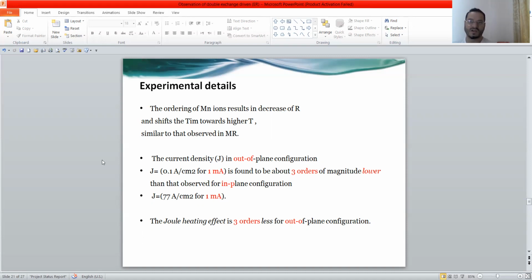The current density, now we're talking about another element, J, the current density in the out of plane configuration and in the in-plane configuration, and we'll try to do a comparison between them.